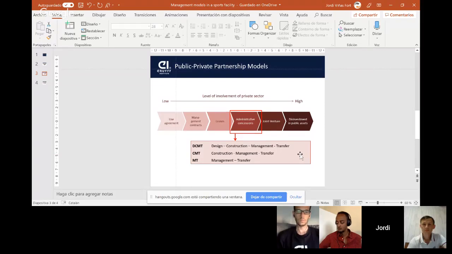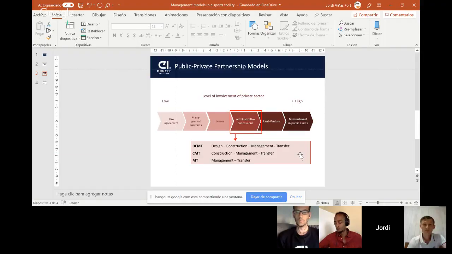Before that, we may find administrative concessions where there's design, construction, and management, where there's only construction and management, or where there's only management. So we may find an administrative concession where the design of the sports facility is being determined by the company.